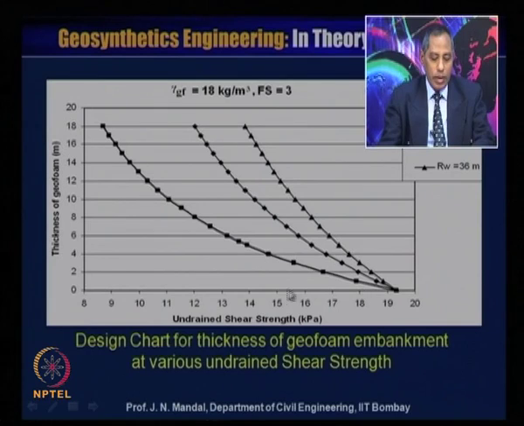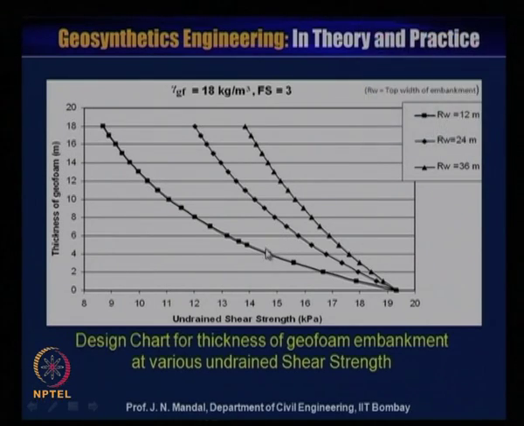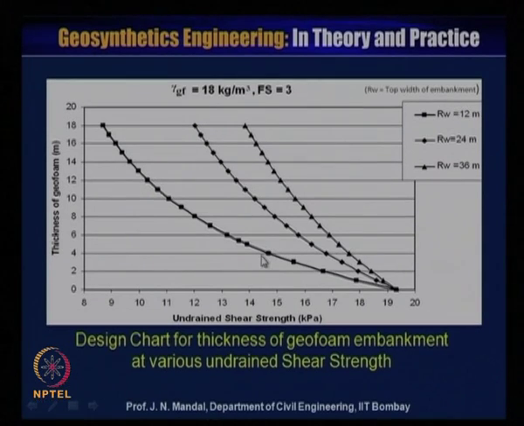So, this design chart is for obtaining the minimum thickness, or the height of the geofoam T GF, for a factor of safety 3 against external bearing capacity failure of a geofoam embankment.